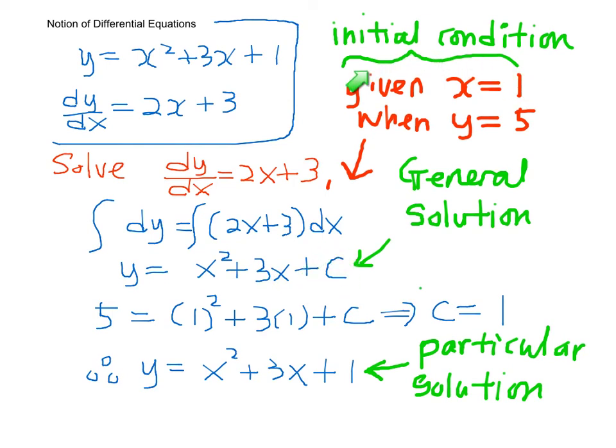But if you're given an initial condition like this, then you can use the initial condition to find the c value, in this case 1, and so when there are no unknowns and everything is known, you can see the coefficients and the constants, such a solution is called a particular solution. So this is a particular solution to this problem, and this will be a general solution to the problem if the initial condition is not given to you.